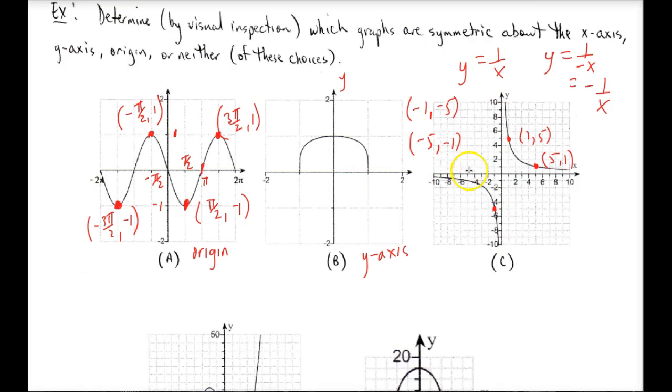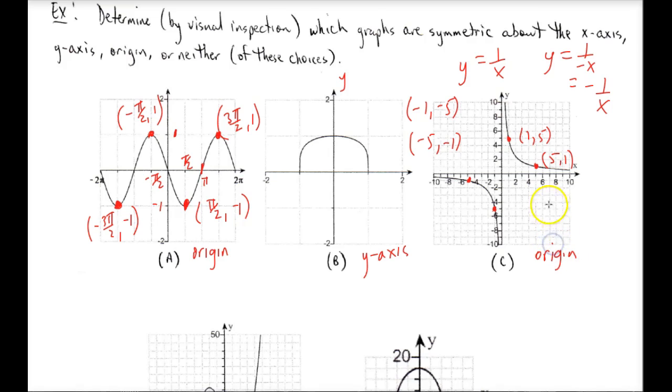So when x is -5, which is right here, we look up, we see that we have this point right here, which is at y equals -1. So we do have that correspondence there. So because of that, we could say that this particular graph is symmetric about the origin.